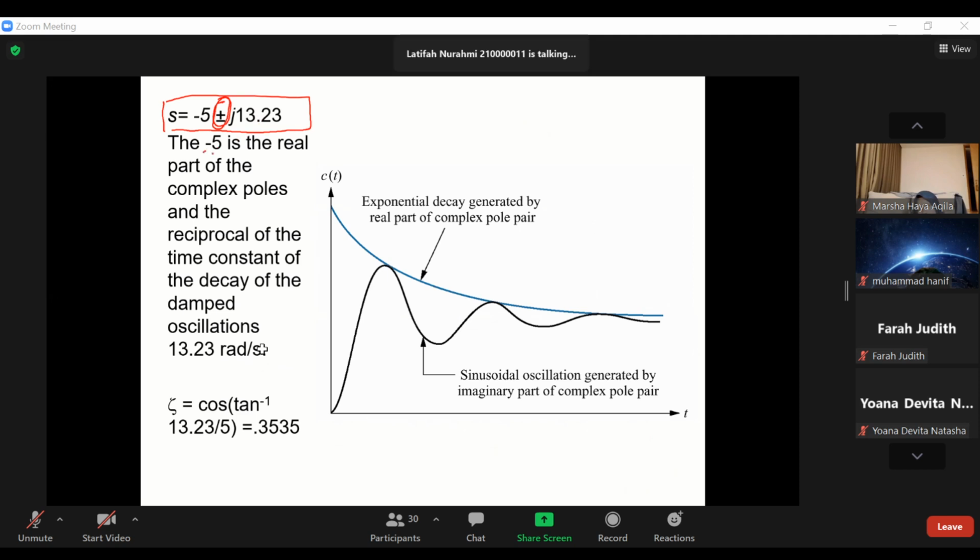So minus 5 is the real component of the complex pole. It shows how the response decays, the time constant. And the damped oscillation is the imaginary part, which is omega d. So omega d is this.